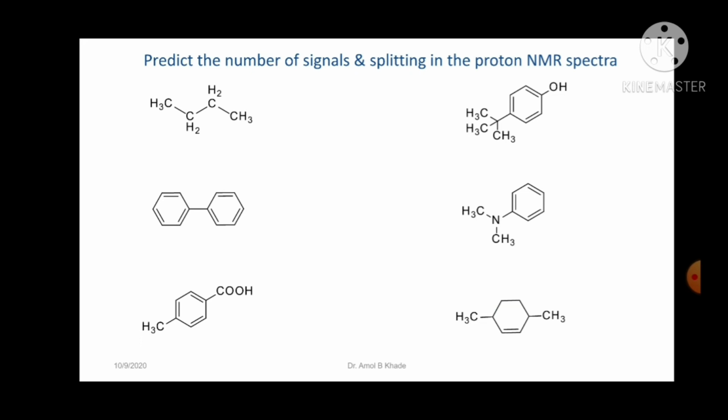So one for these two CH3, a second signal for this CH and this CH, a third for this CH2, and the remaining, where there is a double bond, will be one CH and another CH. Okay, so here we can expect 4 different signals for this particular type of molecule.